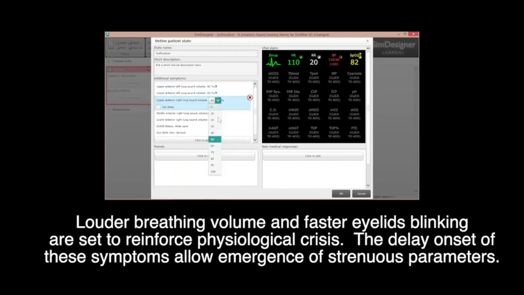Louder reading volume and higher eyelid blinking frequency are said to reinforce physiological crisis. The delayed onset of these symptoms allows emergence of strenuous parameters.